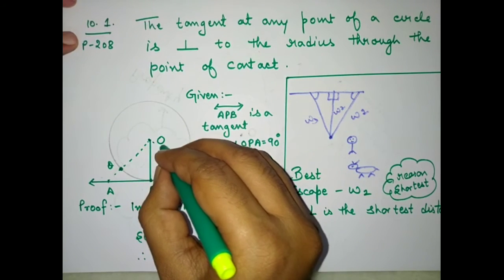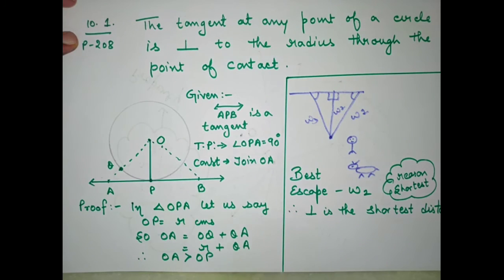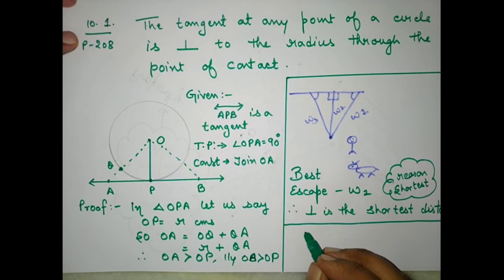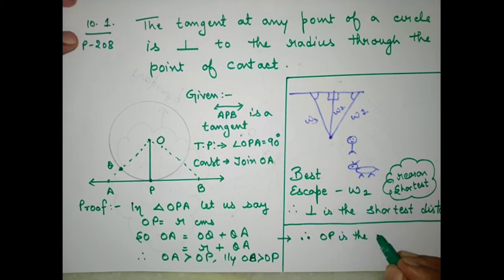So our OA is definitely greater than OP. Similarly, we can prove OB is also greater than OP, which means that our OP is less than both OA as well as OB. So it is the shortest distance.